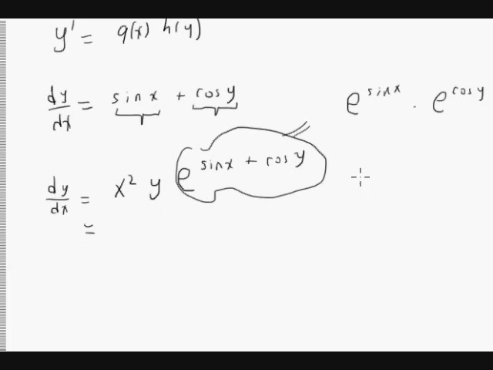So this whole thing becomes x squared times e to the sine x times y e to the cosine of y. Now that we have written it in this fashion, you can readily see that this is a separable differential equation, because this is a function of x, g(x), and this is a function of y that we're going to call h(y), using our conventional notation.